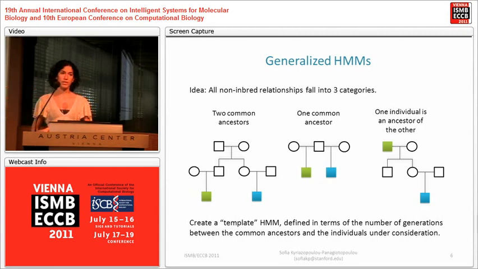The only thing that differs between the relationships within each of these categories is the exact number of generations between the common ancestors and the individuals we are considering. Therefore, we can create a template HMM, one for each of these categories, and then parameterize it with a number of generations between the common ancestors and the individuals we are considering.